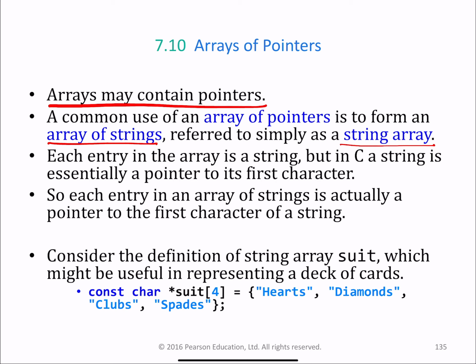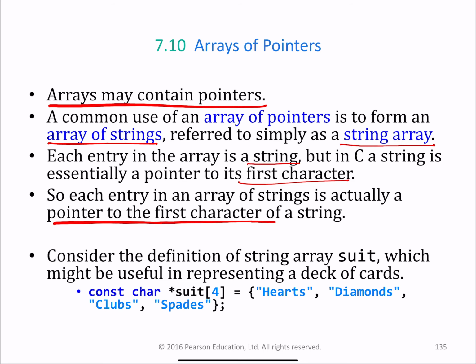Now each entry in that array is the starting address of a string. And we already know in C, a string is just an array of characters. So in this array of strings, each element is a pointer to the starting address, to the first character of a string.